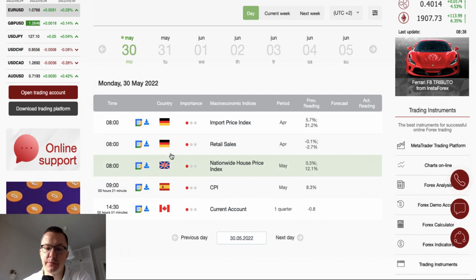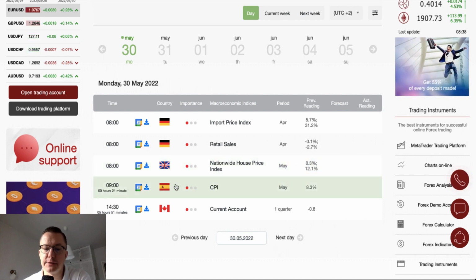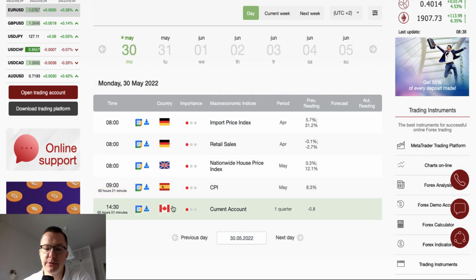And then we have some data from UK nationwide house price index and the CPI from Spain. Later on we got the current account of the Canada. So because none of these events is really a market mover, let's take a look at the majors at the beginning of the trading week.